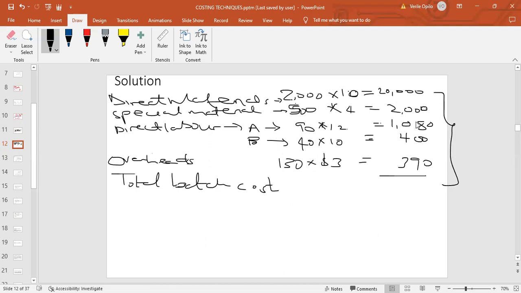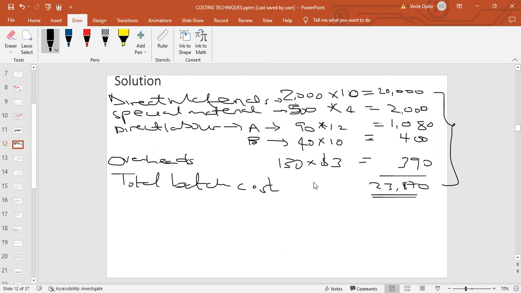So we have 20,000 plus 2,000 plus 1080, plus 400, and then plus 390. That should give us a total of 23,870. That will be the total batch cost.